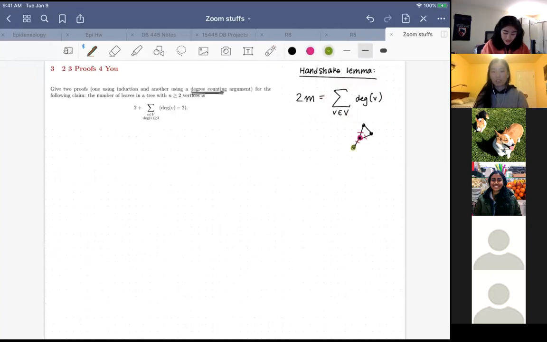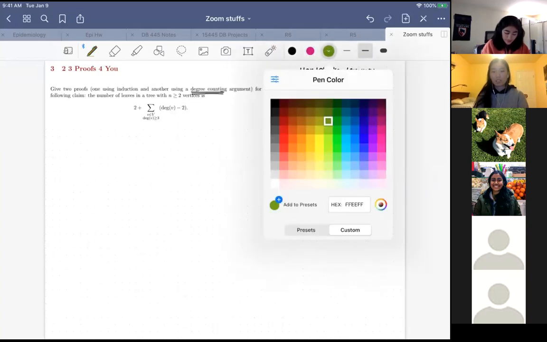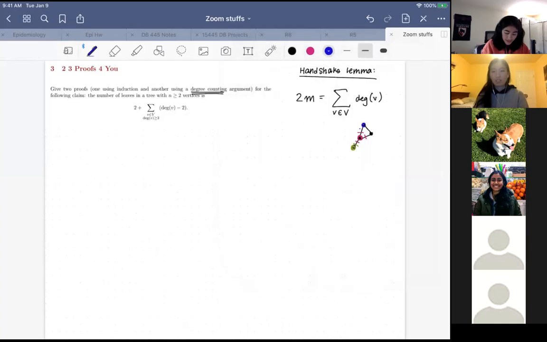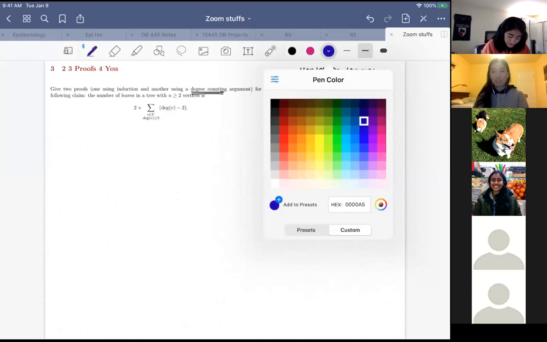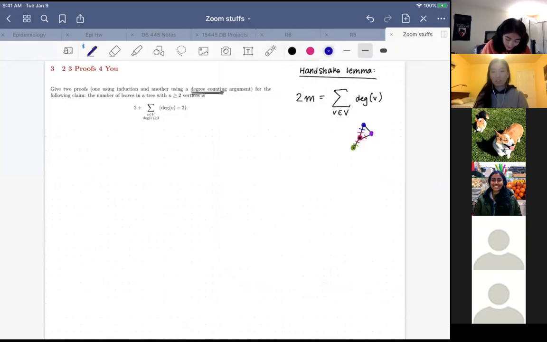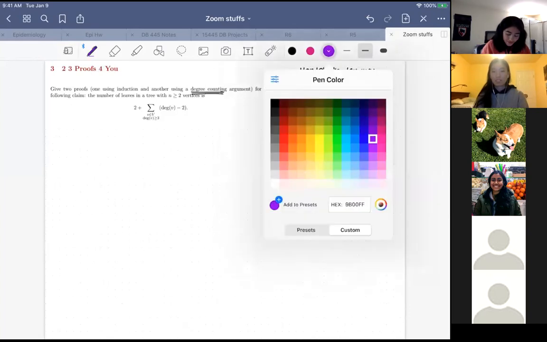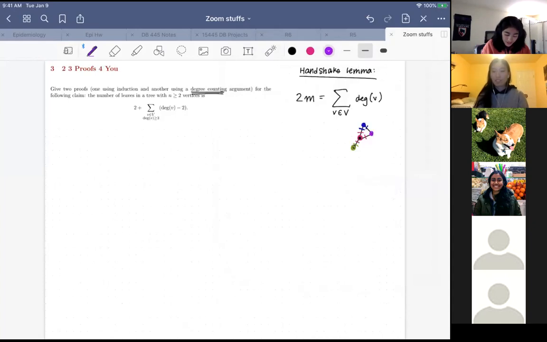From this vertex, I'm going to add 1. Then from this vertex, I'm going to add 1. And from this vertex, not 1, my bad, I'm going to add 1, 2. And from this vertex, I'm going to add 1, 2. So overall, I added 8. And we have 4 edges here, and I counted 8.